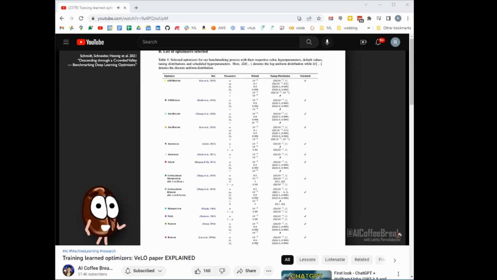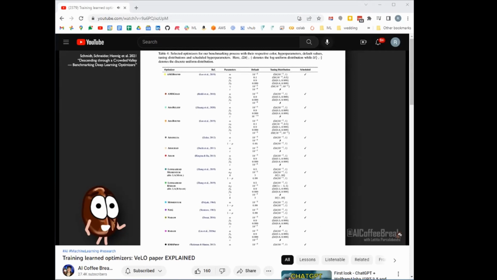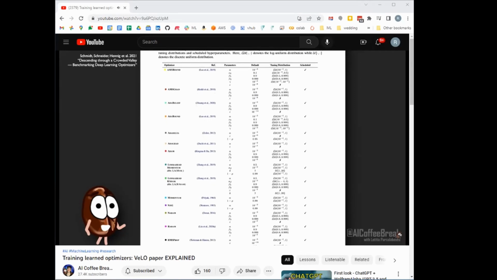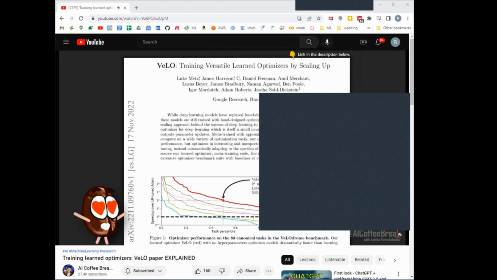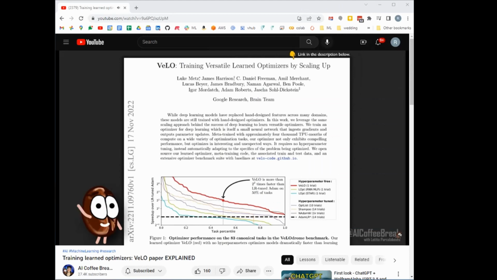Well, you do not need to bother about optimizer hyperparameters again, because new work proposes VeLO, a neural network trained to act as an optimizer that says goodbye to hyperparameters. It can dynamically decide what are the best weight updates for your problem and for your current training step. It sounds almost too good to be true, right?